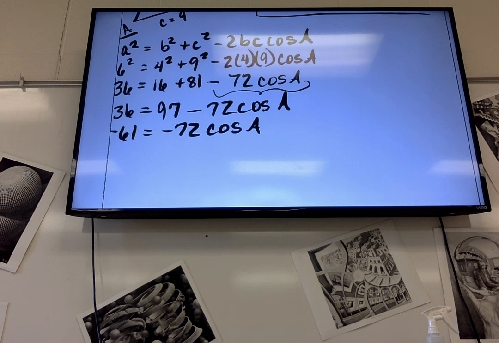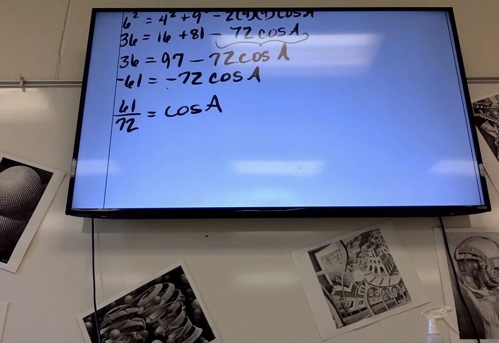Questions? Sometimes that loses people. Okay. Trying to get cosine of A by itself, so you divide by negative 72. Negative divided by a negative, we know is a positive. So I just went ahead and put positive. That's okay with everybody.